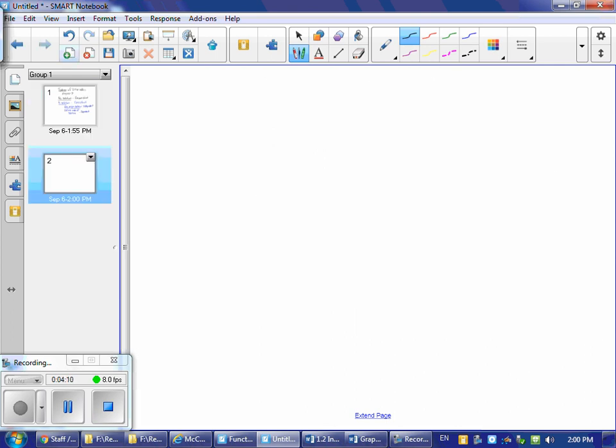First example, and I apologize, I'm going to end up probably writing mostly on the right-hand side of the screen because there's something wrong with the left-hand side of my screen.